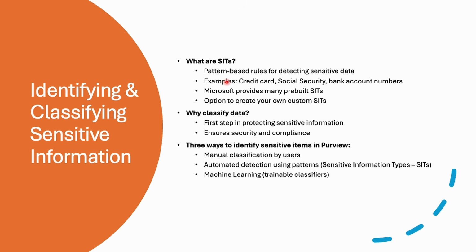Here, Microsoft gives you lots of these rules ready-made, so you don't need to build every pattern or identification from scratch. But at the same time, if your company has a special type of data like employee ID or maybe internal codes, in that case, you can create your own custom rule as well.